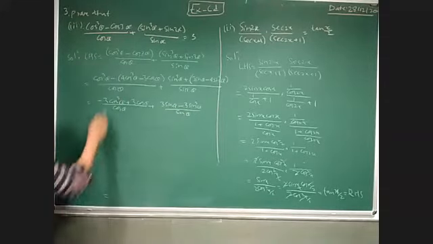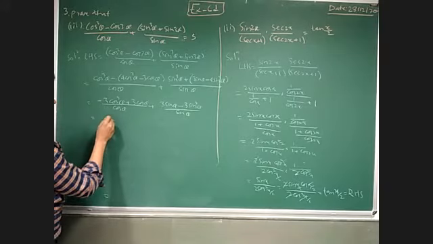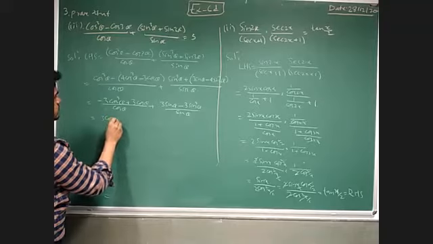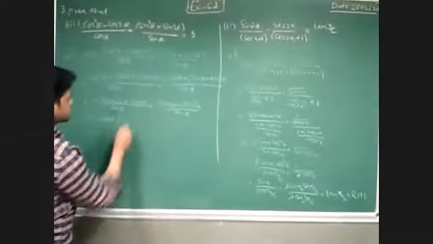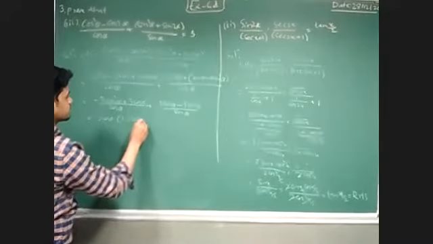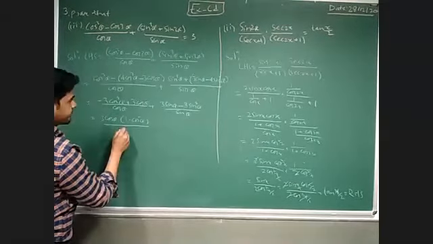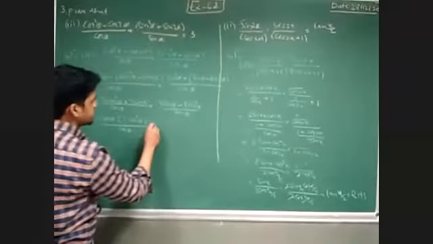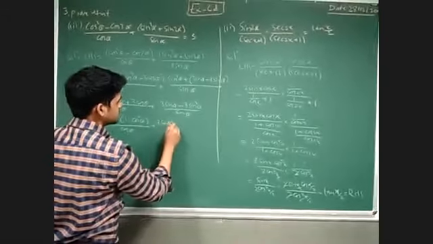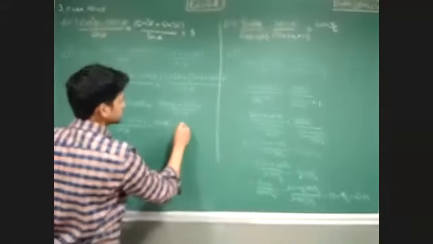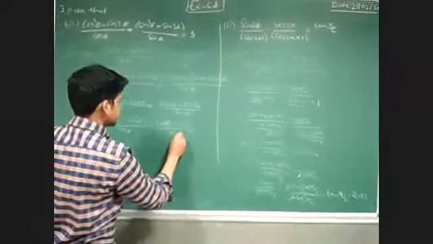Now I'm going to take 3 cos theta common from here, then here I will have 1 minus cos square theta by cos theta, and here 3 sin theta, then 1 minus sin square theta by sin theta.